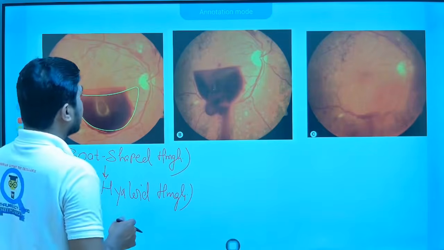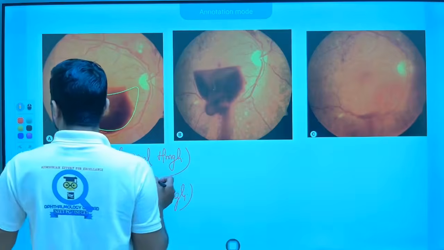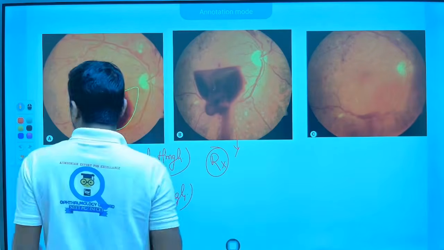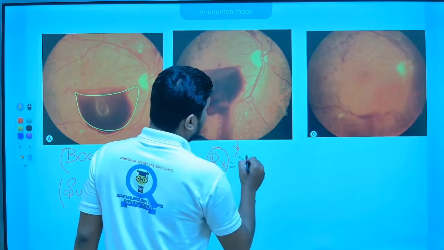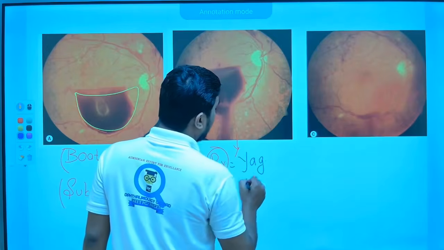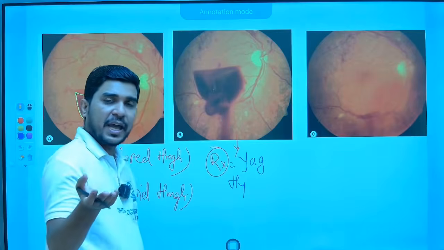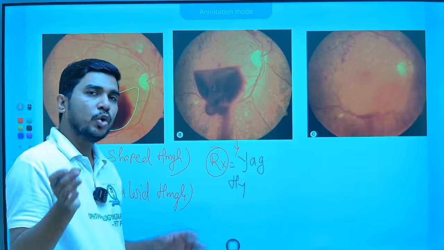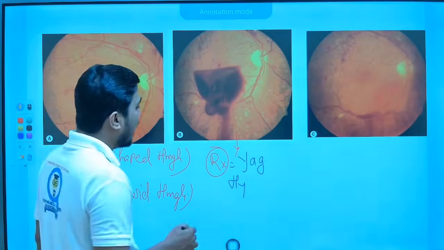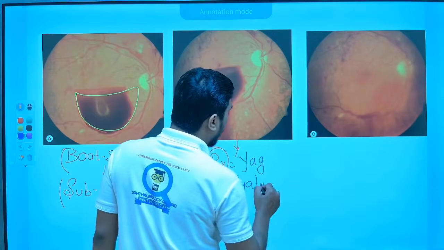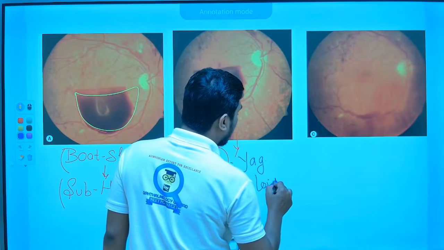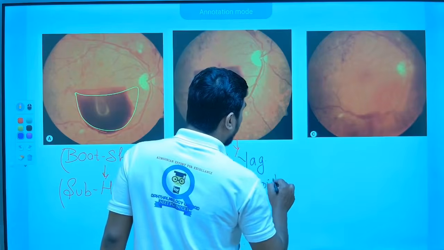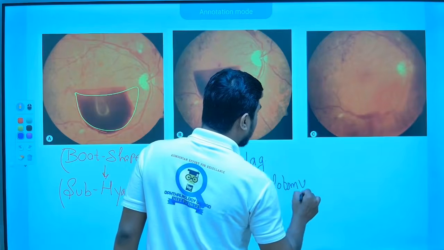The treatment is YAG, just like the YAG PI, YAG peripheral iridectomy. Just like that only. You use the ND YAG laser and you do YAG hyaloidotomy.